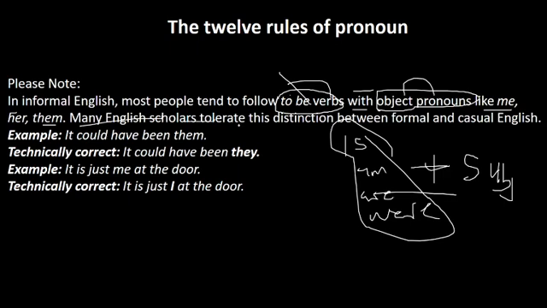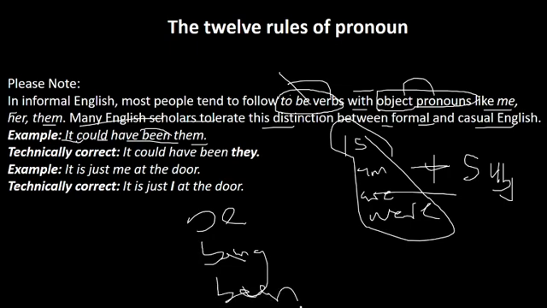Many English scholars tolerate this distinction between formal and casual English language. Example, it could have been them. Being is a be verb. But this one follows a verb.